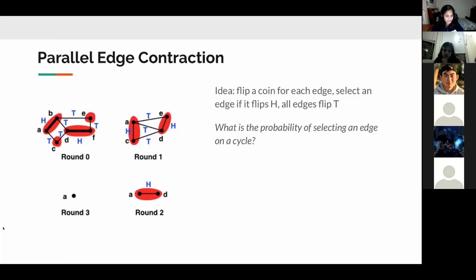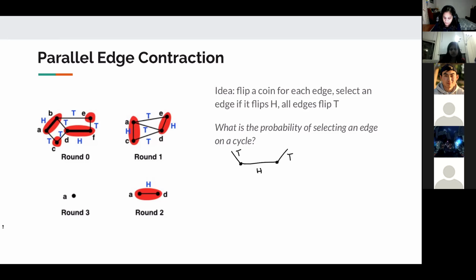I get that. Okay, so if we want to consider the probability of contracting an edge on a cycle, we're going to contract it if this flips heads and all other adjacent edges flip tails.